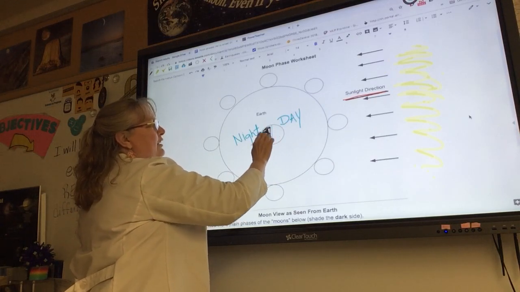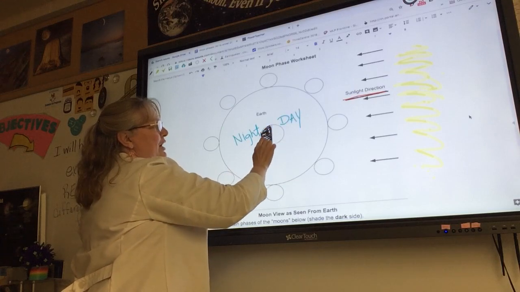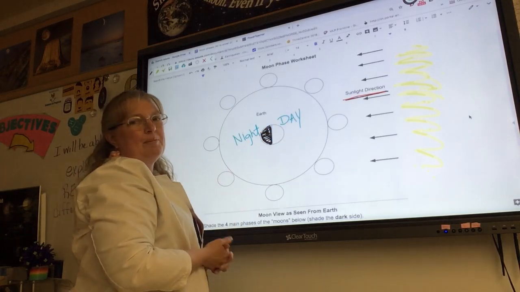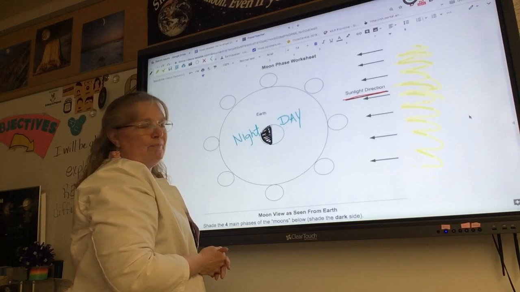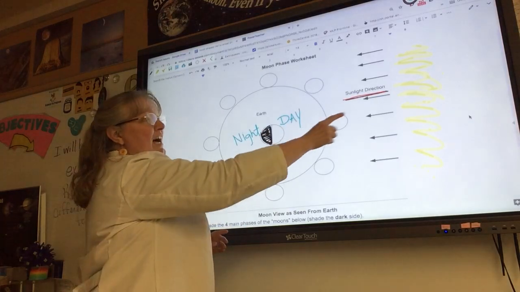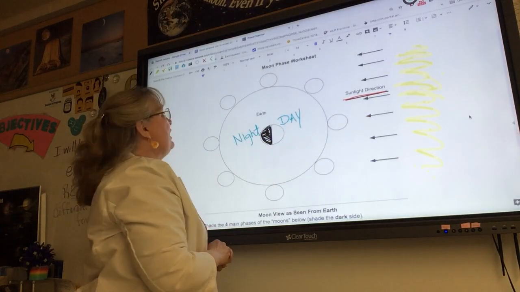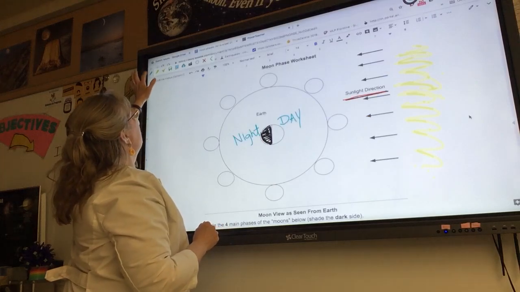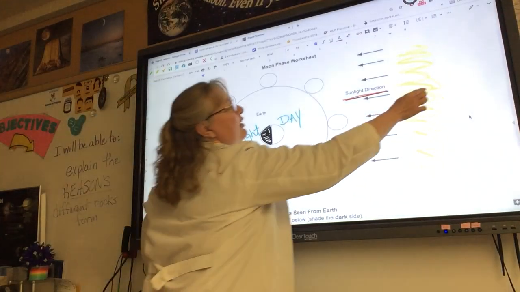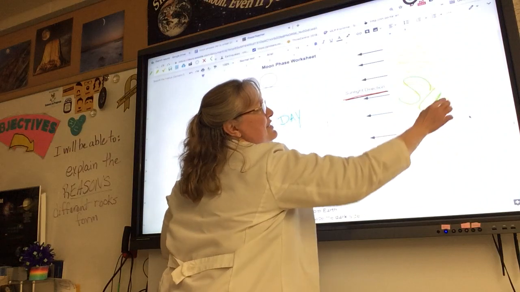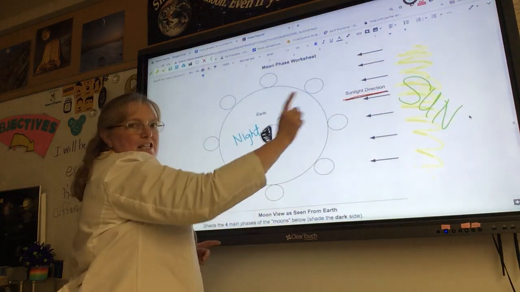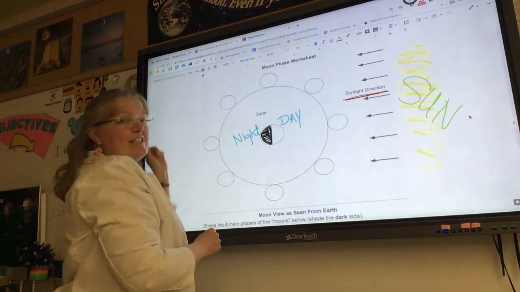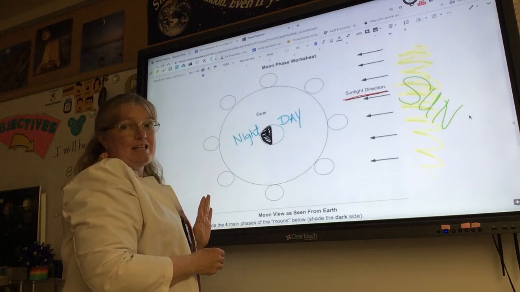Now when you shade it in, you can color it in all the way, but it doesn't have to be super dark because that makes a big mess on your paper. Does that make sense? Day side's facing the sun. And you know what? I'm going to write that nice and bright here so that you could see that this is where the sun is. Day side's facing the sun. The night side is the side facing away from the sun.